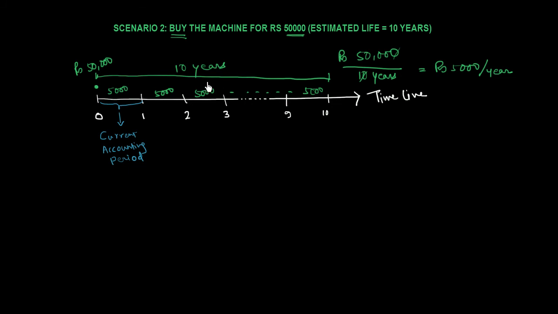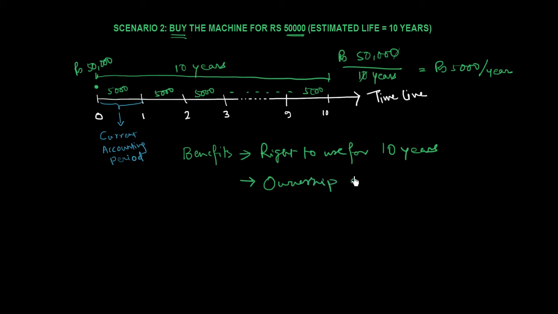Let us see what benefits you would get by buying the machine. The benefits would be the right to use it for 10 years. And one more additional benefit is that you are getting the ownership of the machine.